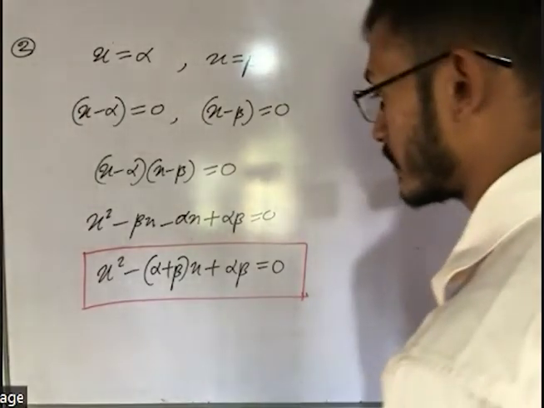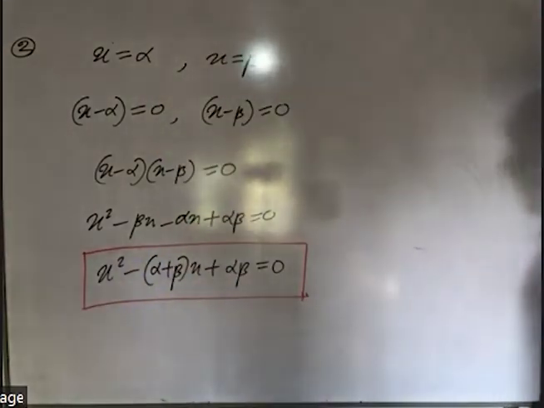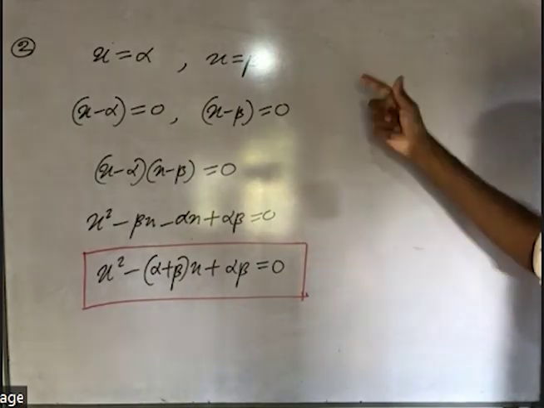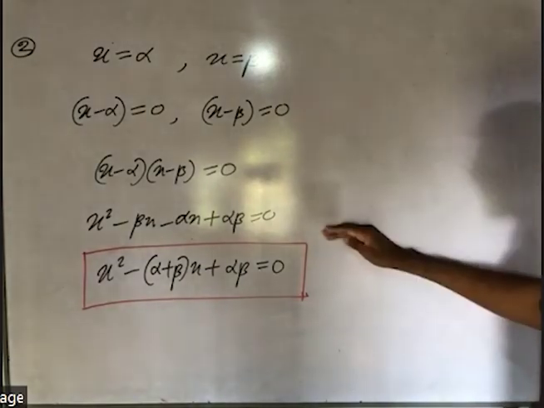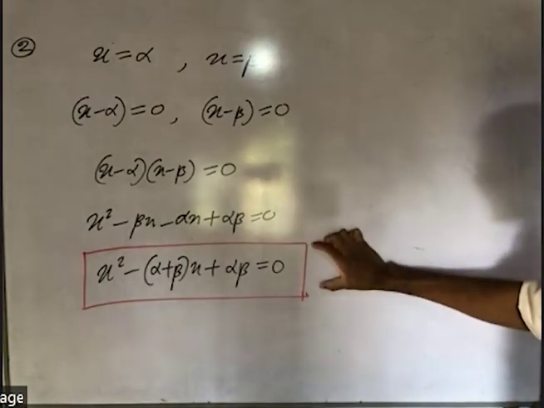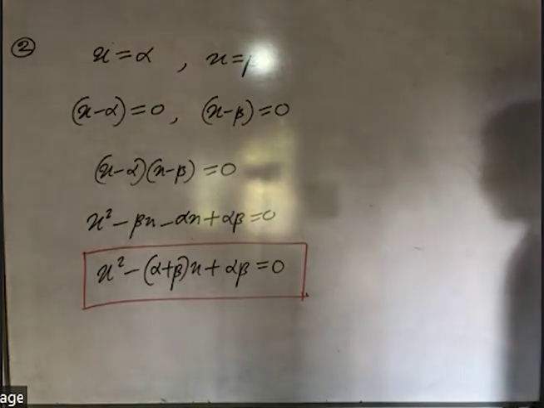So this equation is important. We have to use this equation to develop quadratic equations in the next problems. So first write down this, then draw a red color box around this quadratic equation. We are going to use this directly in the next problems. So in this manner, we can find the quadratic equation when the roots are given.